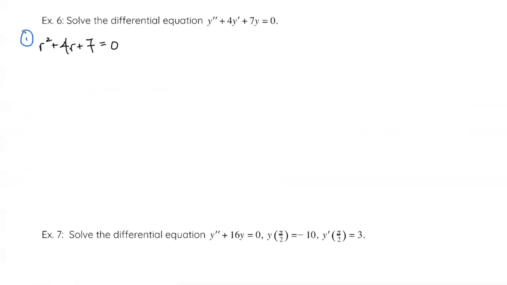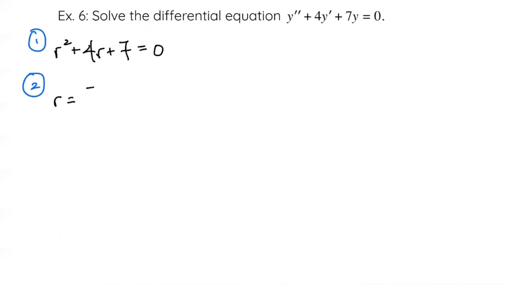Right? We have that characteristic equation. We try and factor it. It's not factorable. So we remember our quadratic formula and we start to plug in some numbers.